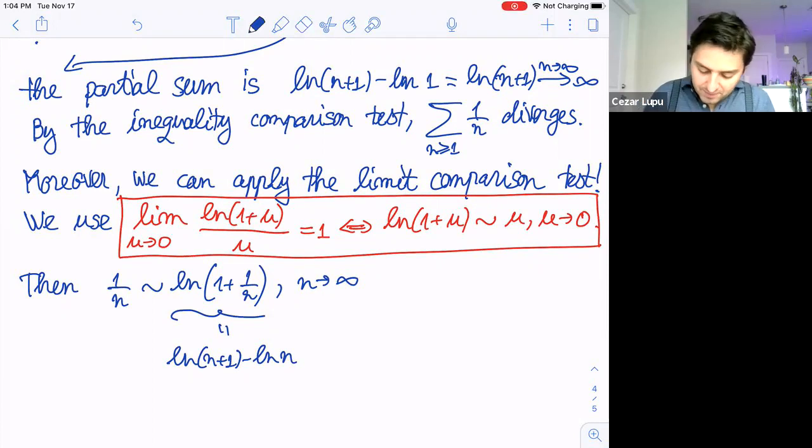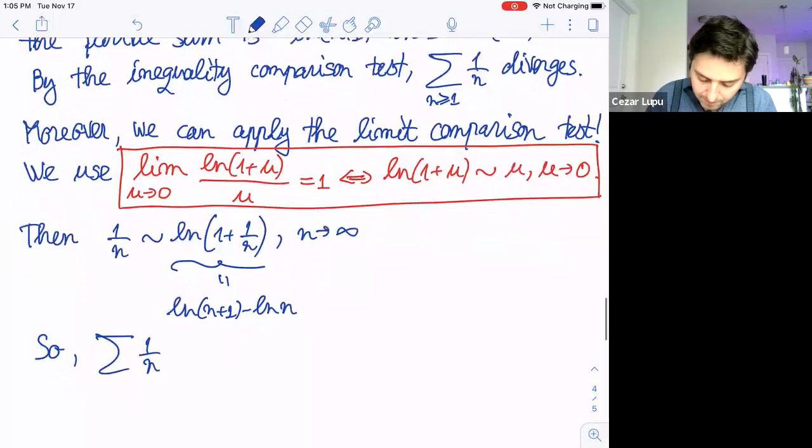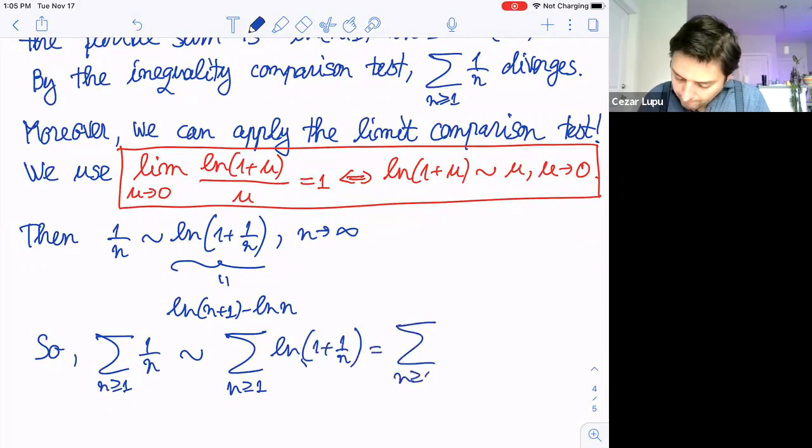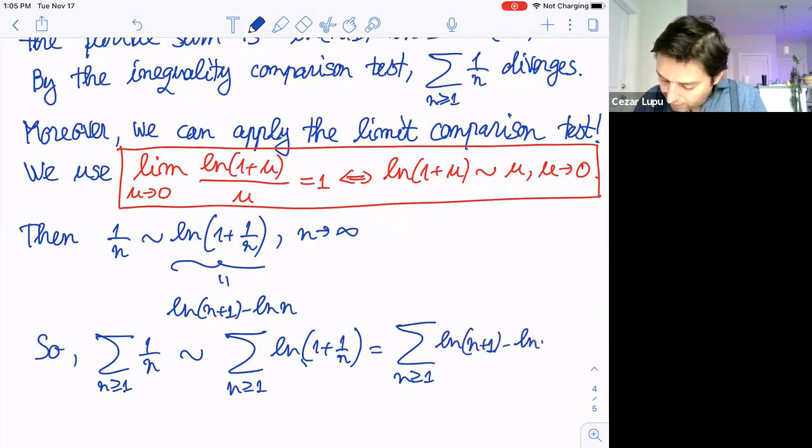So the series of 1 over n, we can write this as the series of ln of 1 plus 1 over n, which is ln of n plus 1 minus ln of n.